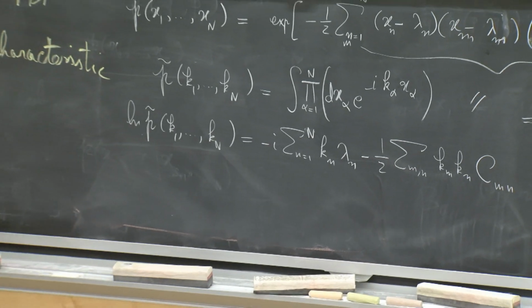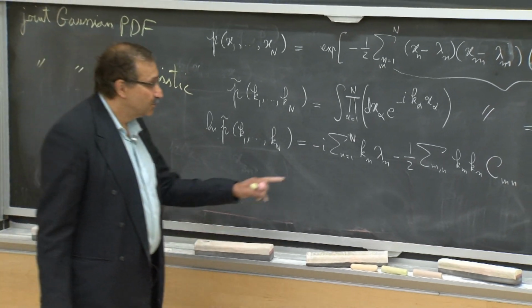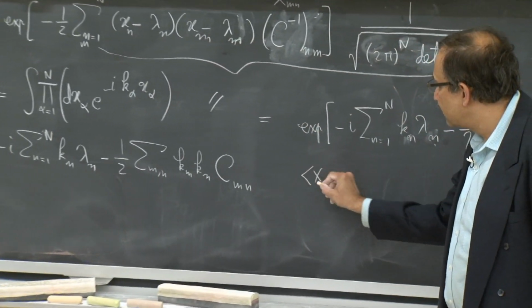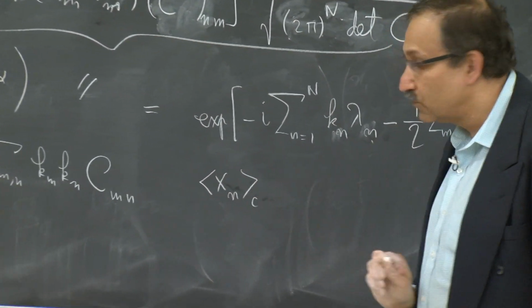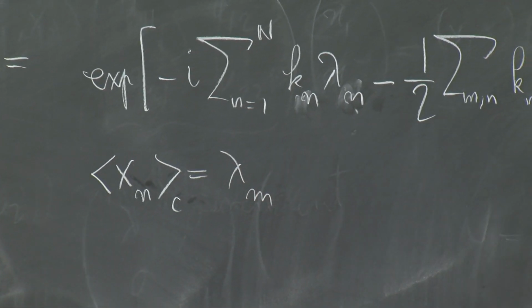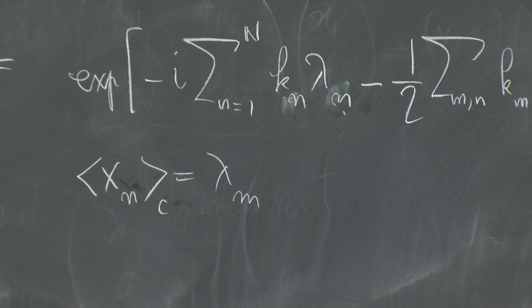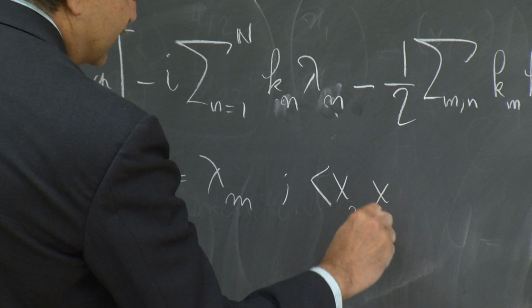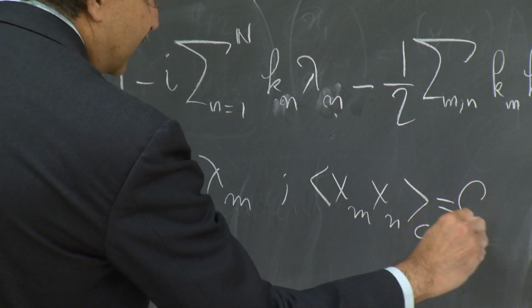So for the joint Gaussian, you have first cumulants. So the expectation value of x_n cumulant is the same thing as lambda_m. You have covariances or second cumulants, <x_m x_n>_c is C_mn.